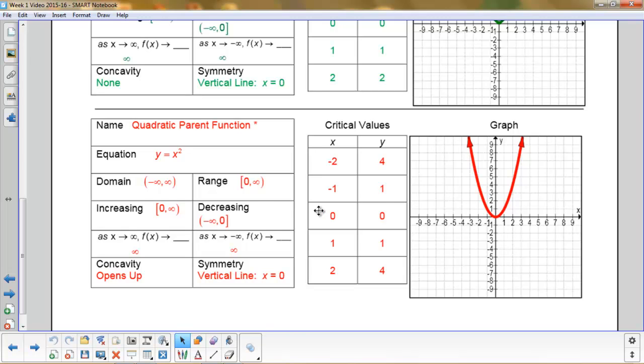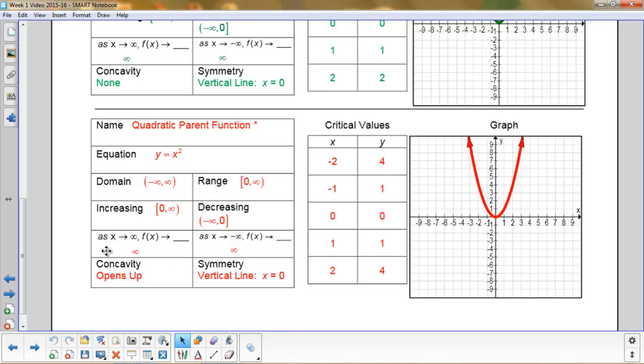Now we're going to look at its increasing and decreasing intervals, and notice those are the same as our absolute value parent function from above. If you want to use that ball example, you can see clearly how that works. Again, the end behavior is exactly the same as our absolute value above.